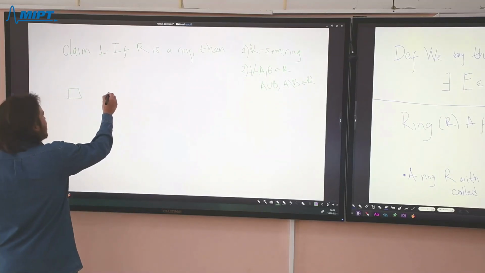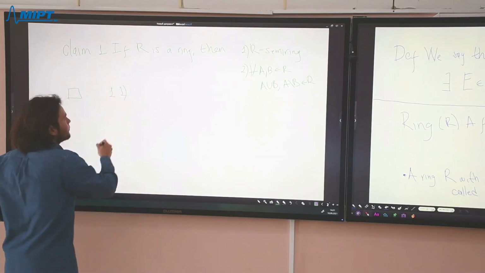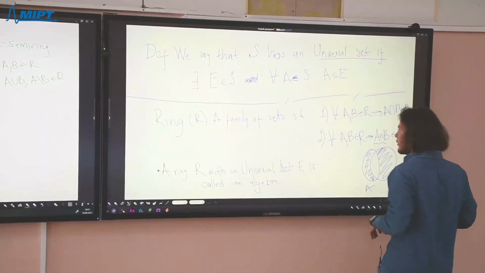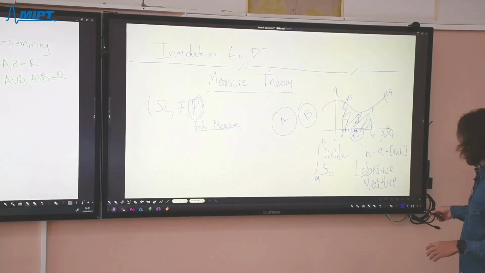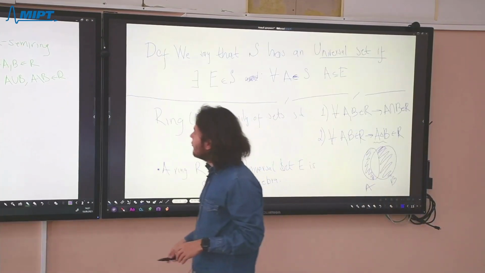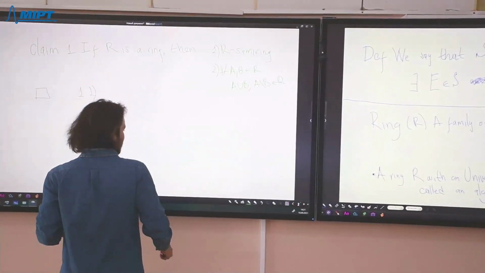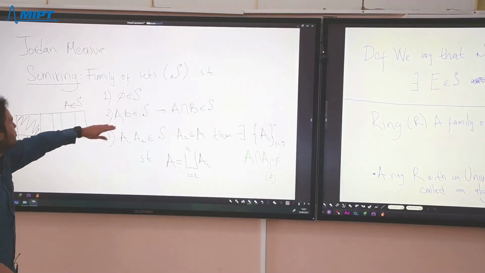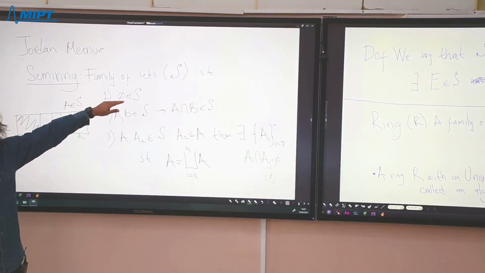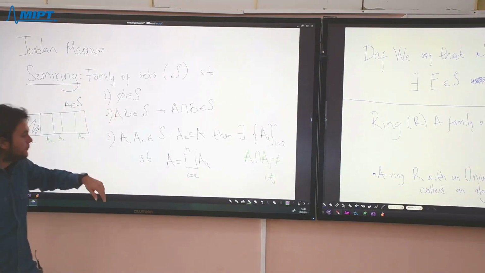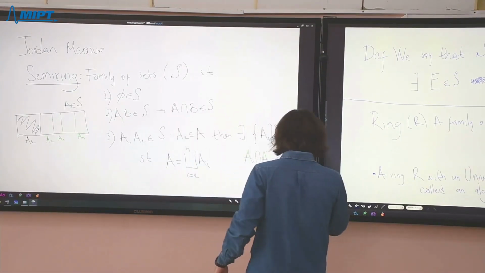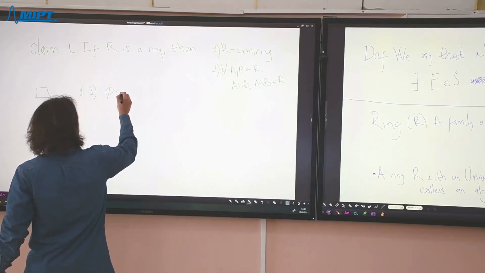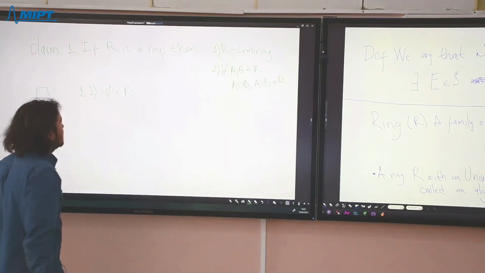So what's the first thing that we need to prove? If we want to show that R is a semi-ring as well, we need to prove that the empty set is an element of R, right? So how do we prove that the empty set is an element of R?